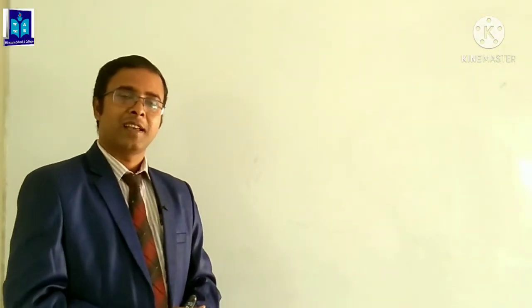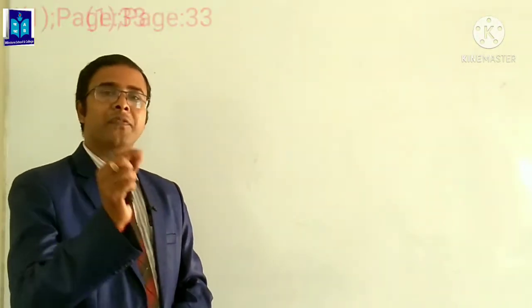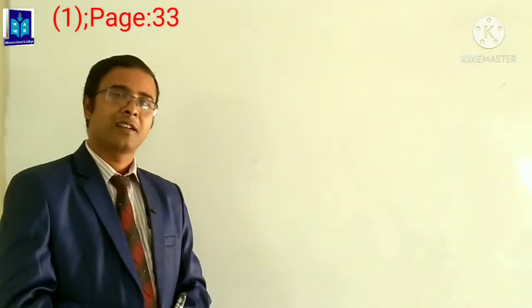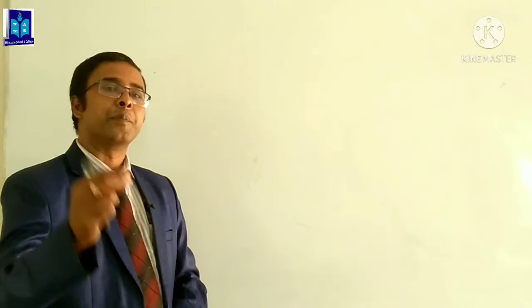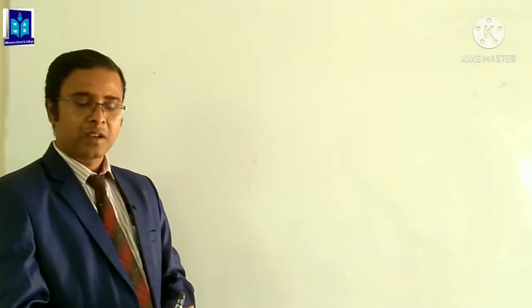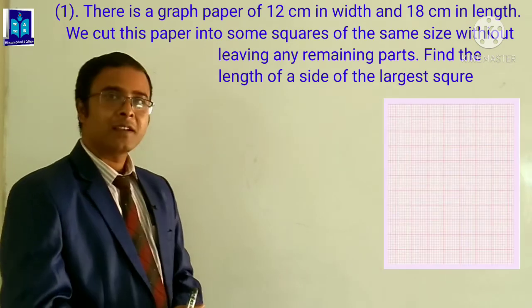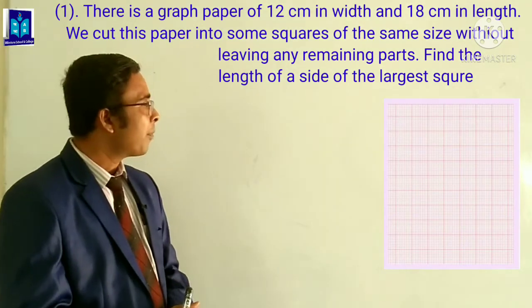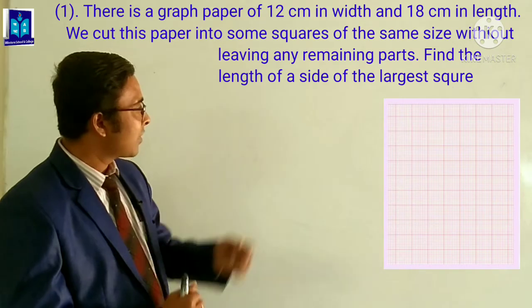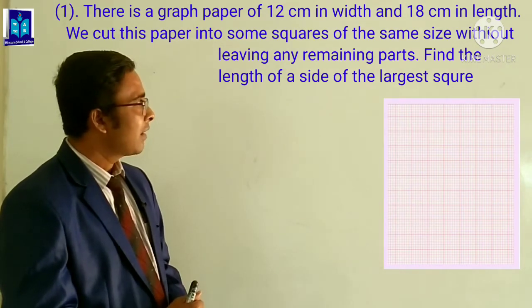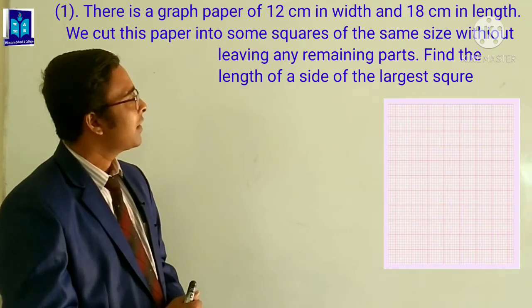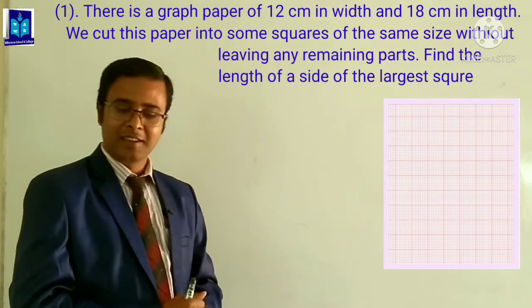Students, now we'll solve circle 1 from page number 33. So, be ready again. Circle 1, there is written, there is a graph paper of 12 centimeter in width and 18 centimeter in length.